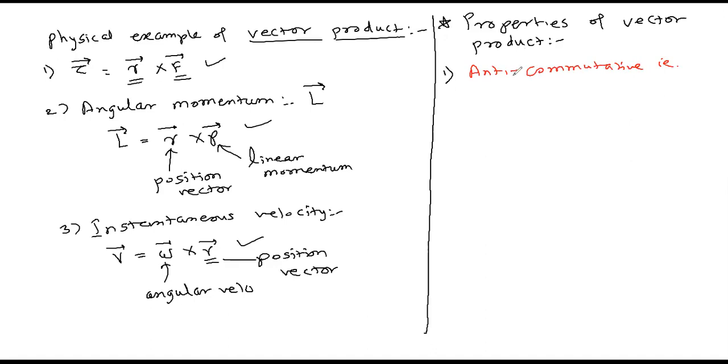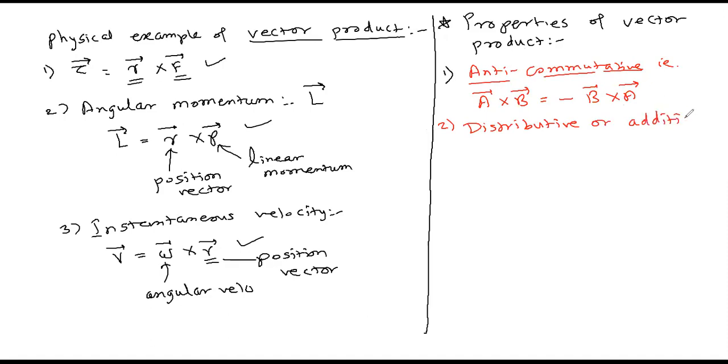That is, vector A cross B is equal to minus vector B cross A. Second one, the vector product is distributive over addition.